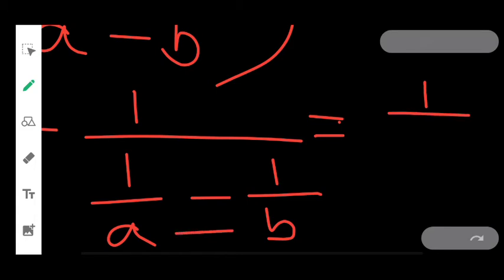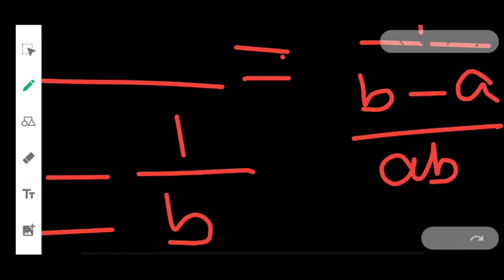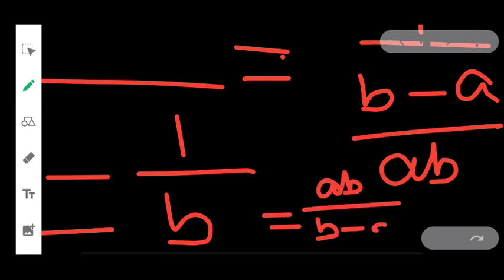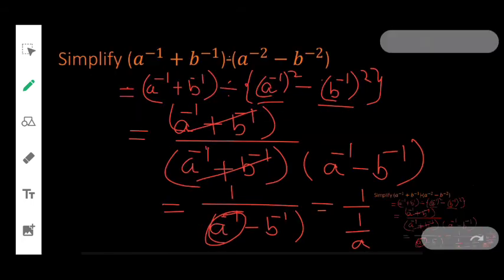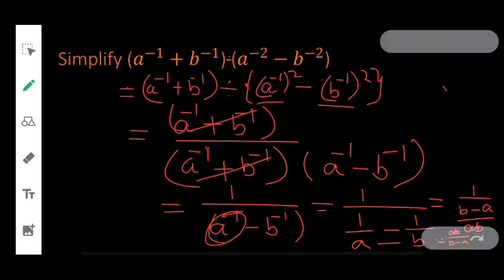The LCM is ab. So this will be (b minus a) by ab, so 1 by that is ab by b minus a. That is the answer: ab by b minus a.